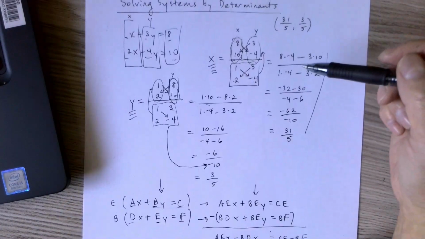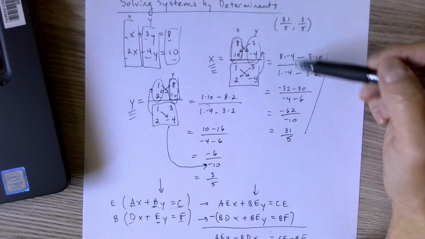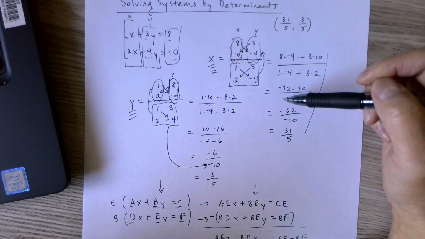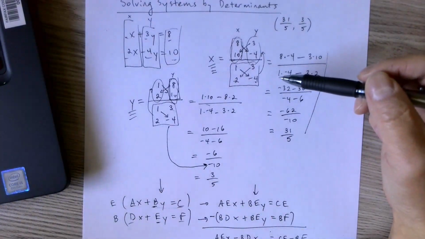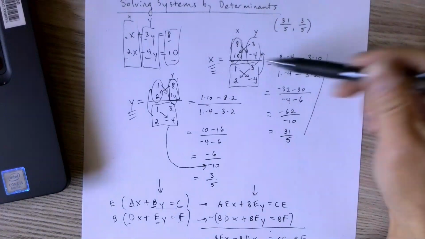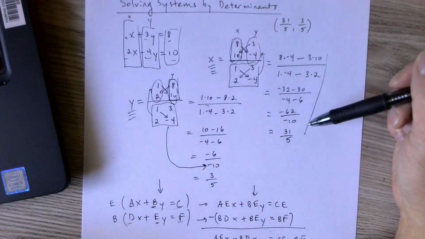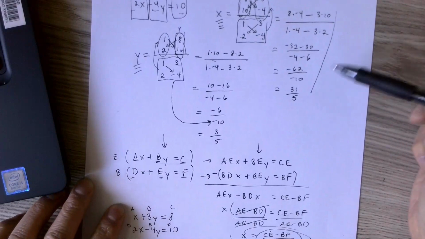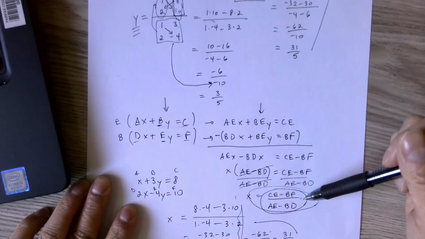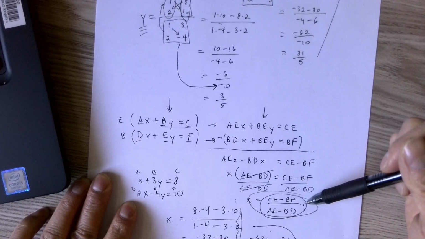In determinants, there are no variables in the calculations. The obstacle of the variables has been stripped away in this method, and that's why some people prefer determinants, because they don't like to deal with the variables. But just know that this is where determinants comes from. It comes from linear combination.